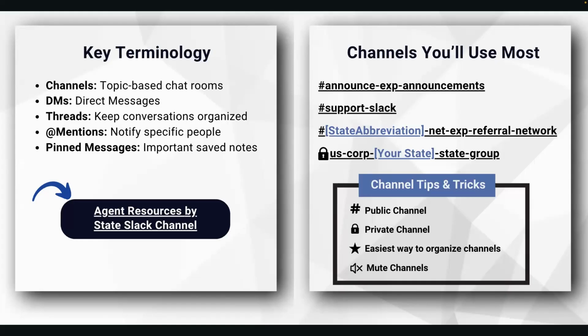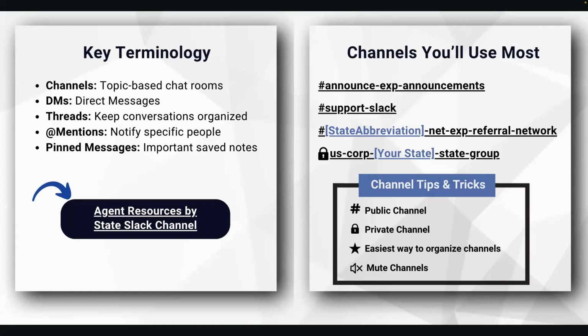Channels you'll most use. Now, to the right side, these are your must-join channels. The announcements for company-wide updates, and your state channel, which is crucial. That's where broker updates, local events, and state-specific guidance live. So keep in mind that you are auto added to specific channels, like I said, the state broker team.